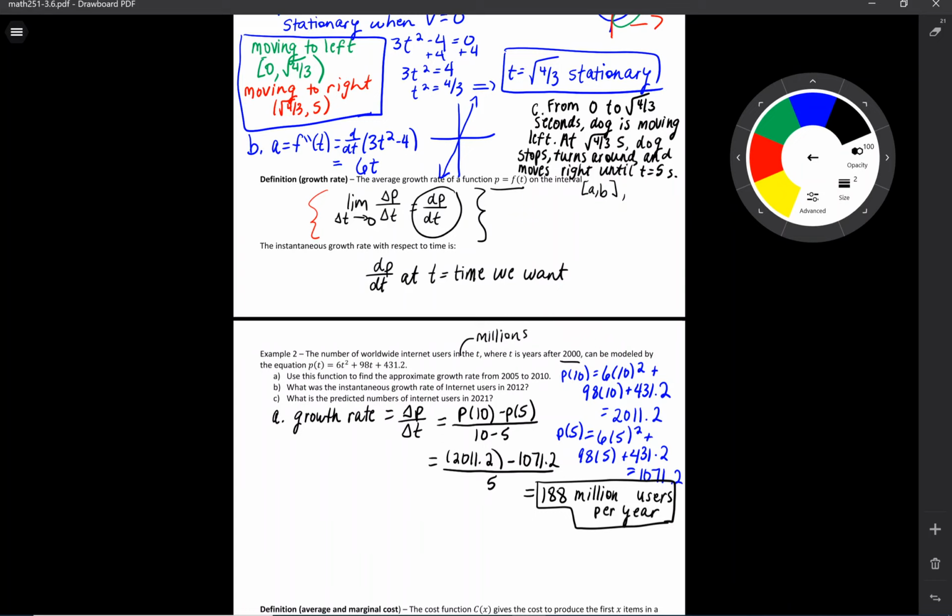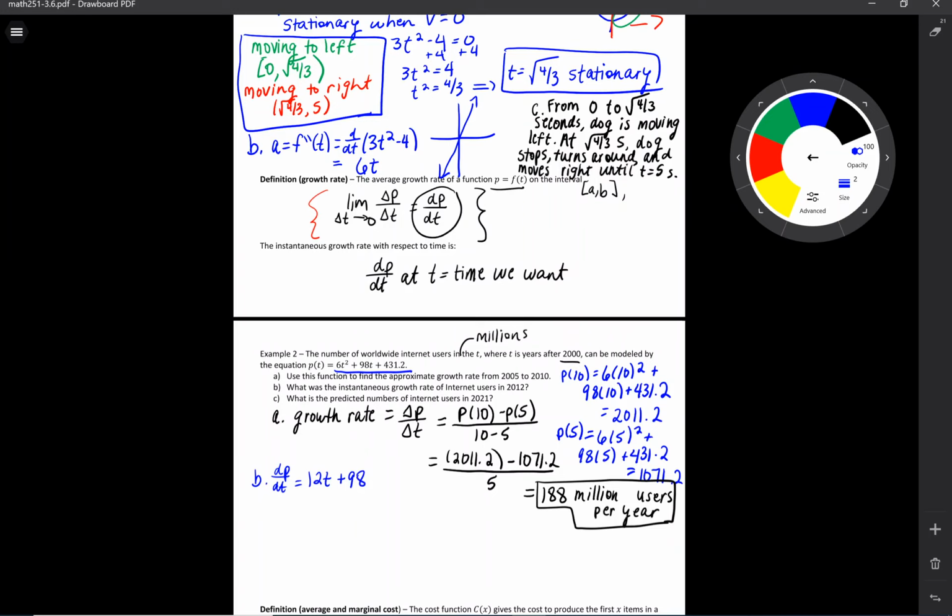All right, what was the instantaneous growth rate of internet users in 2012? So the instantaneous growth rate, I simply take the derivative of my function p and I plug in 12. So in part b, dp/dt is equal to, I take the derivative of my function here, and I get 12t plus 98.